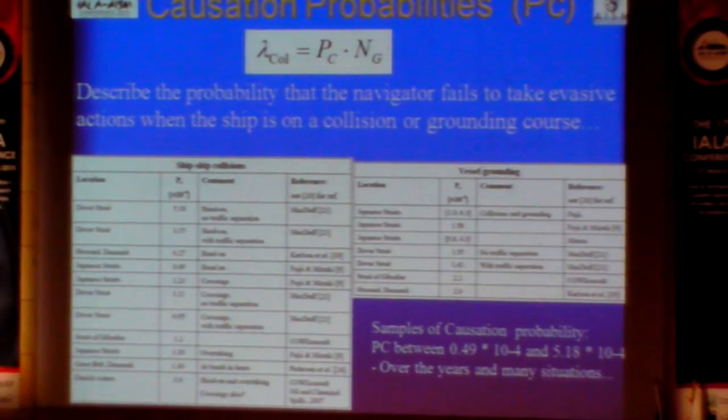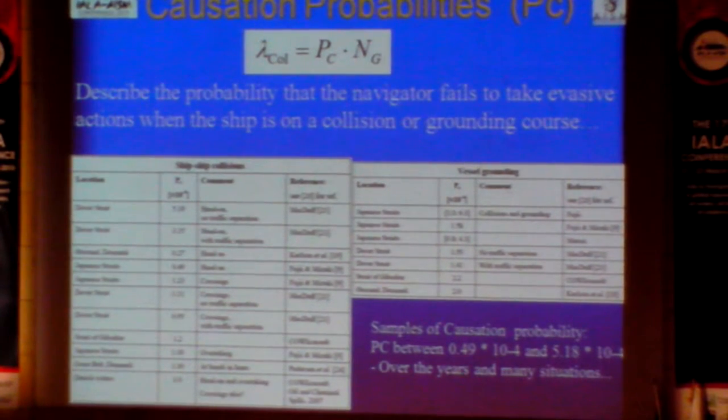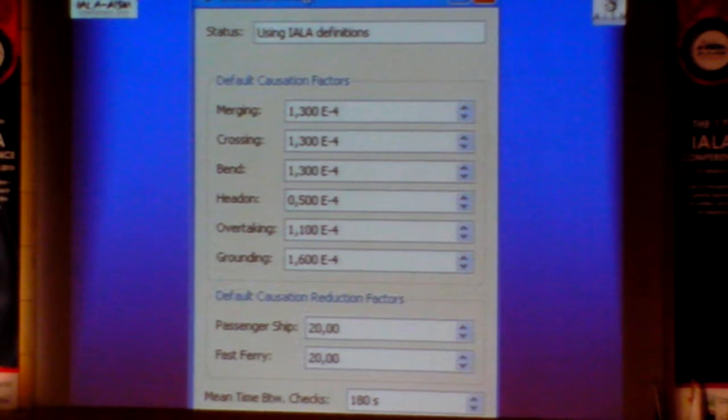I guess it was in the 70s that Fujii started some work on this, and there have been many studies and many values, but we have picked a set of values which are kind of an average, and our best guess for these different types of causation factors based on historical studies. And these are the values that we have chosen.